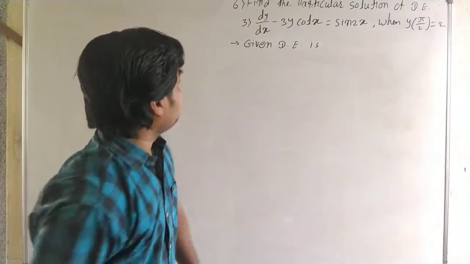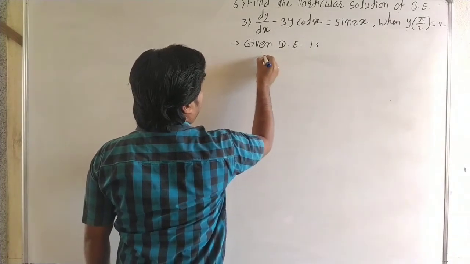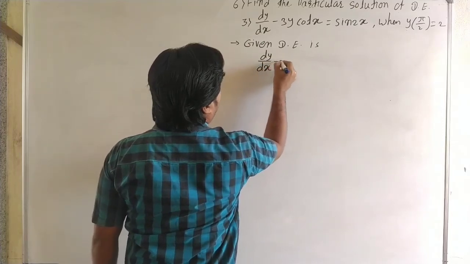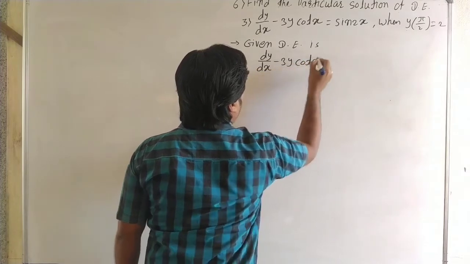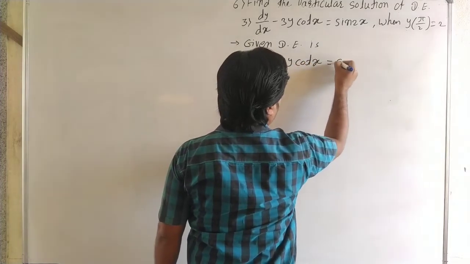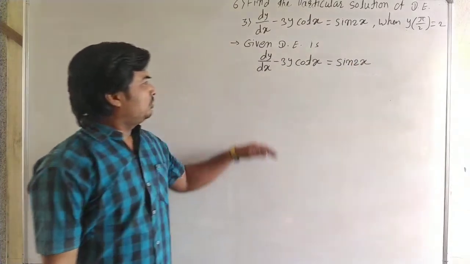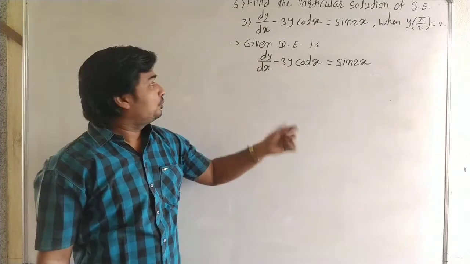Now the given differential equation is dy by dx minus 3y cot x is equal to sin 2x. Now here it is clearly in the form of the linear differential equation in y.